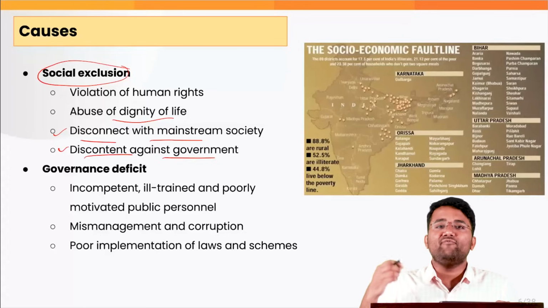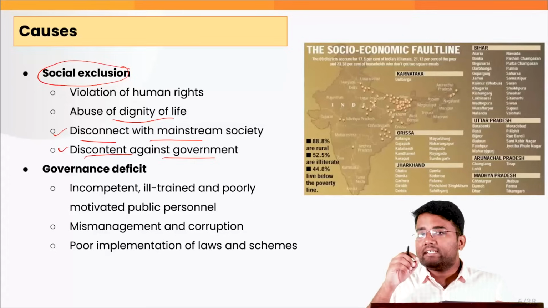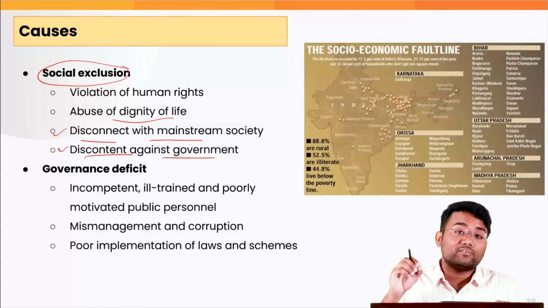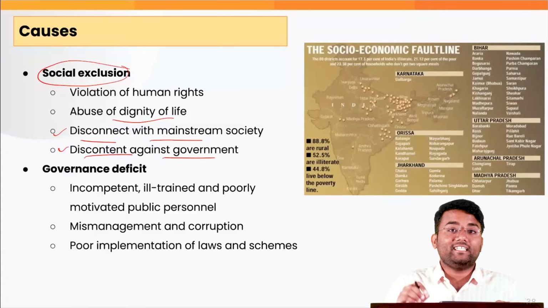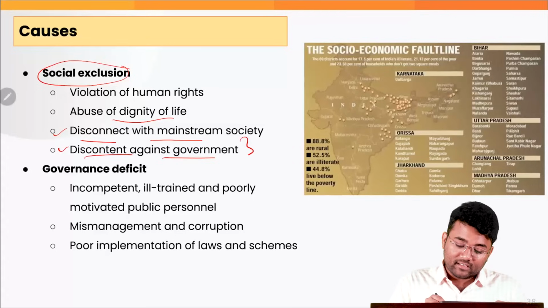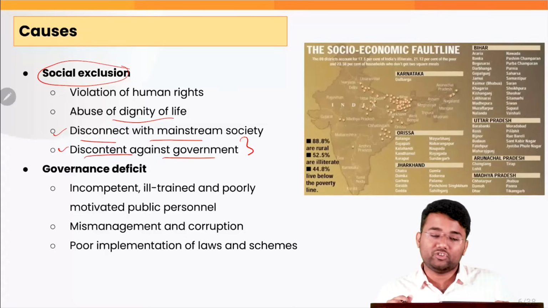They were making them feel that the government at the central or state level serves the interest of the elite class only, that it is oppressive and exploitative, and that it cannot serve any benefits to them. This increasing discontent further aggravated the situation.